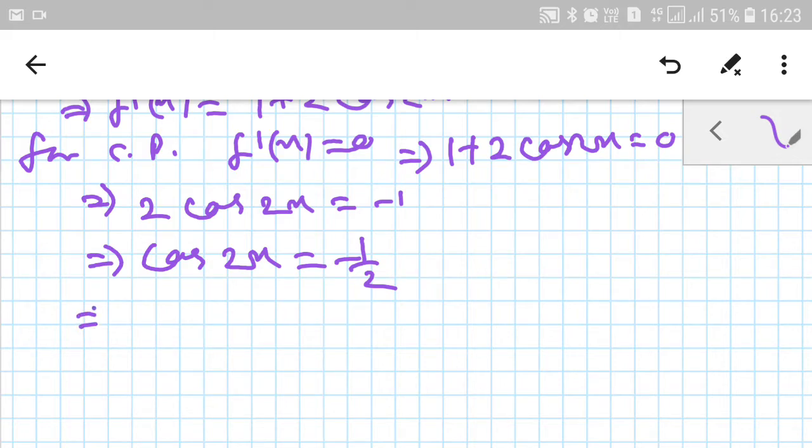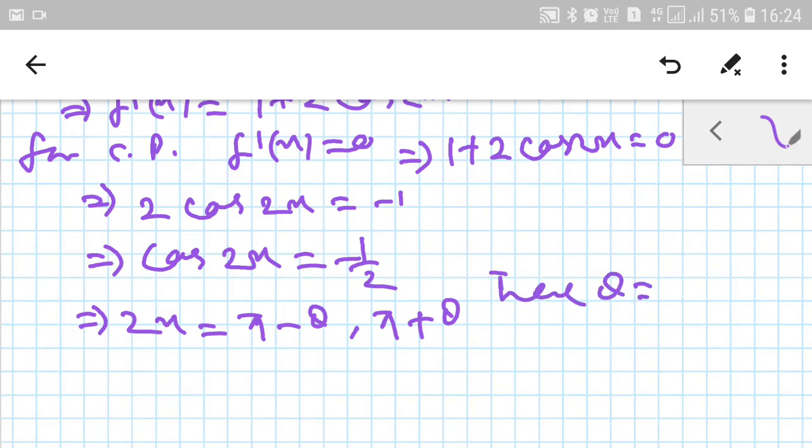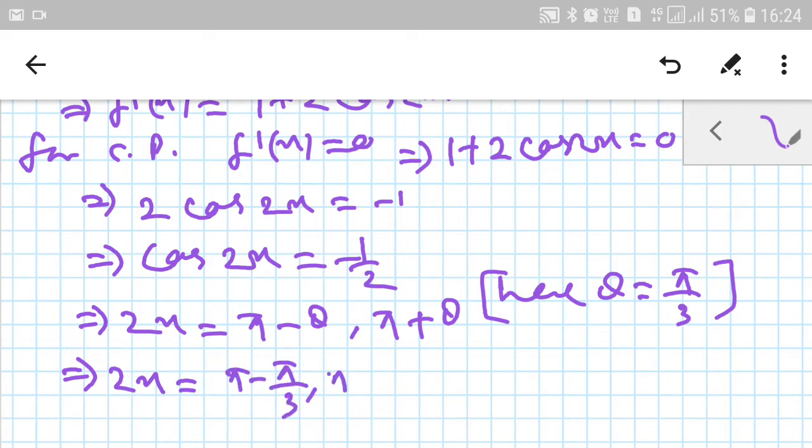So therefore 2x will be equal to either pi minus theta for the second quadrant and pi plus theta for the third quadrant. So here theta equals the acute value for which cos becomes 1 by 2. Cos becomes 1 by 2 at 60 degrees, that is pi by 3, right? So I get here 2x equals pi minus pi by 3, and pi plus pi by 3.